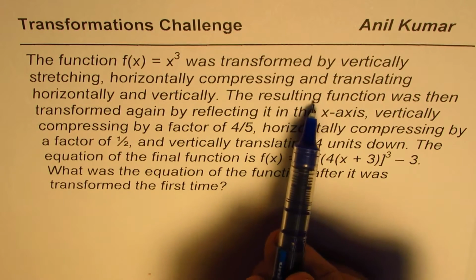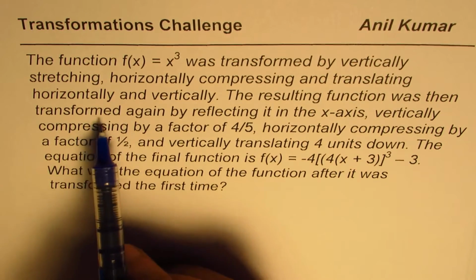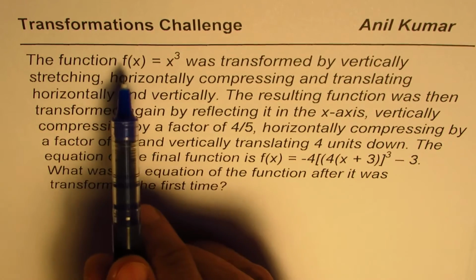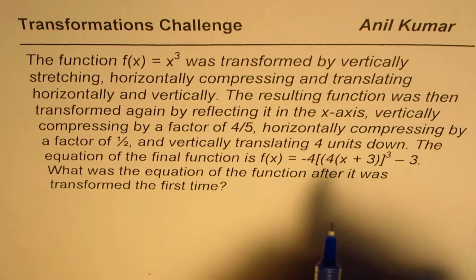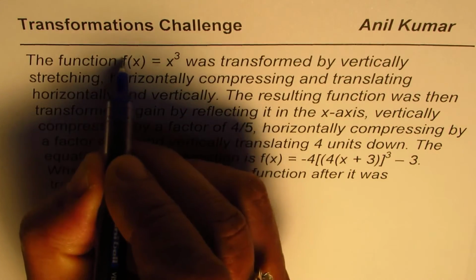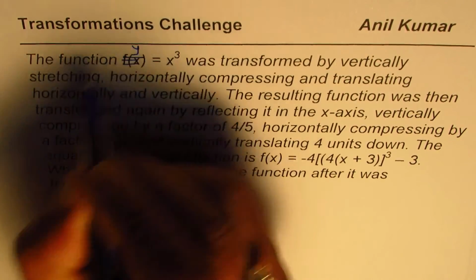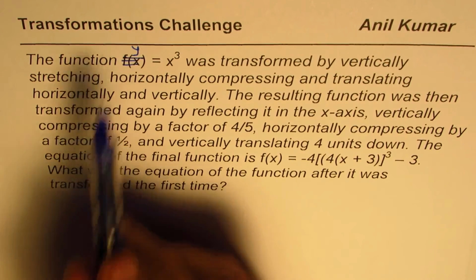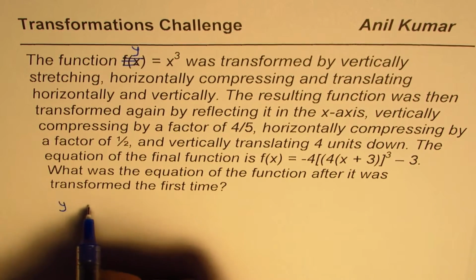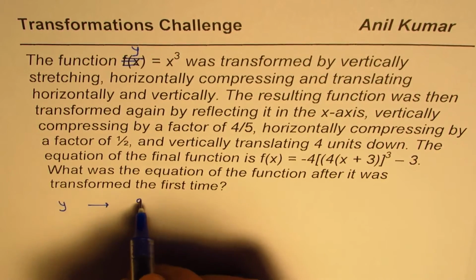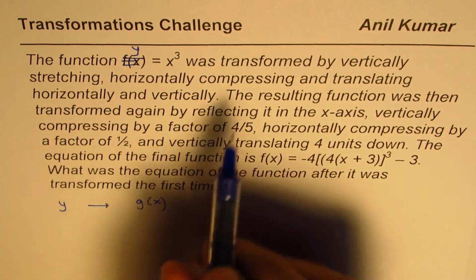The resulting function was then transformed again, okay? So from the starting function, let me write this starting function as y, because both f of x will confuse. So the starting function y equals x cubed has been transformed. Let's say it is transformed to g of x.